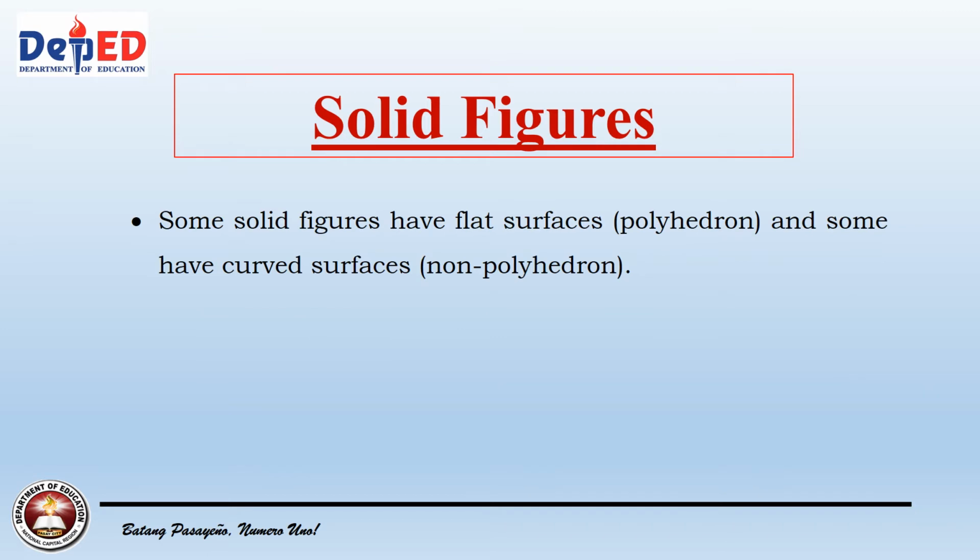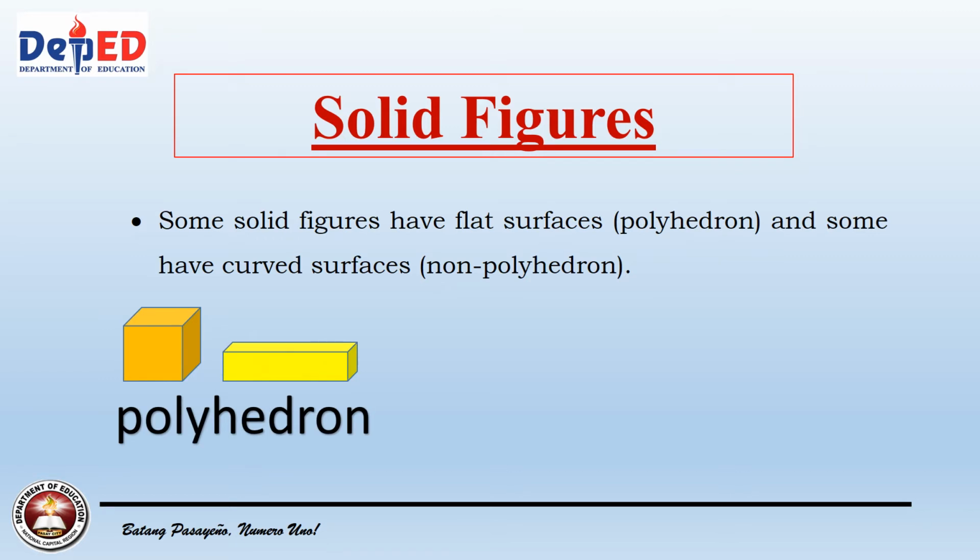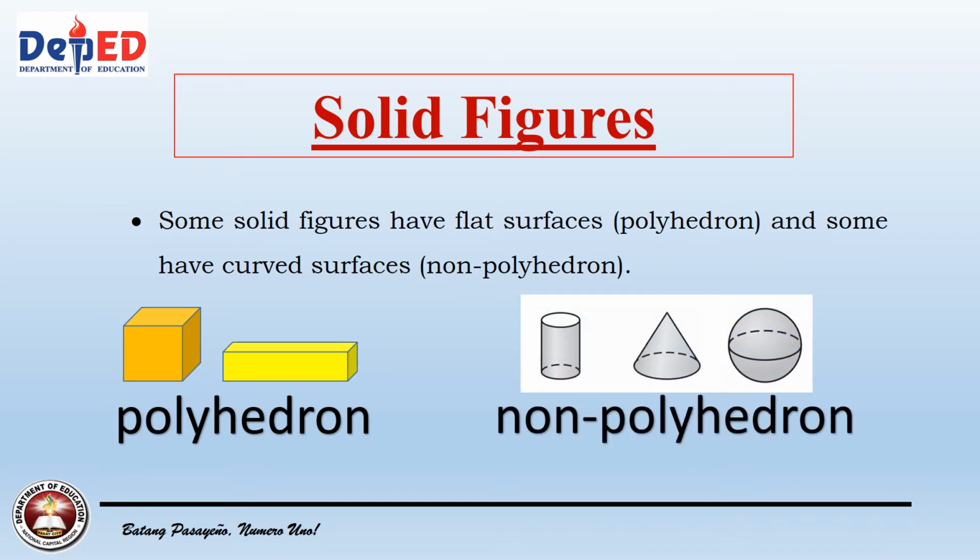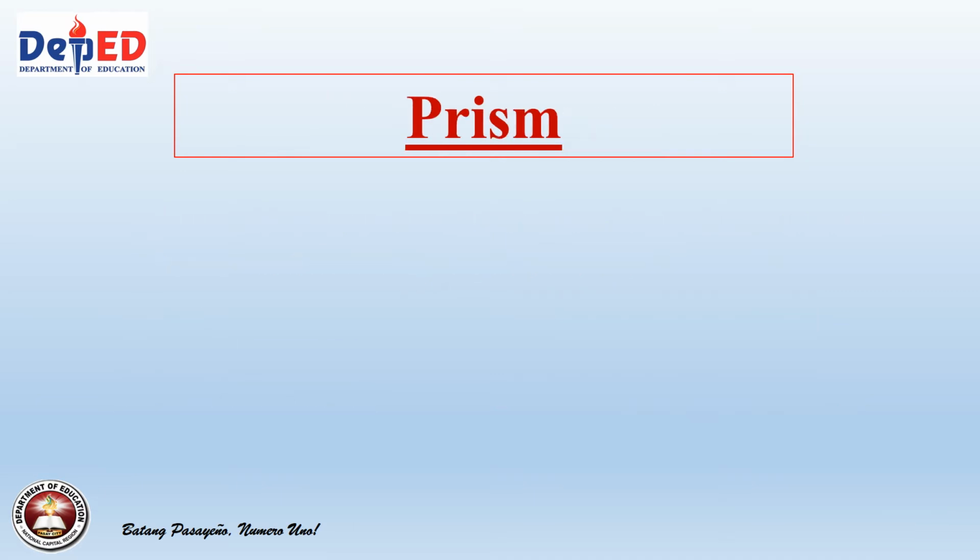Some solid figures have flat surfaces, or polyhedron, and some have curved surfaces, or non-polyhedron. Cube and rectangular prism are examples of polyhedron, while cylinder, cone, and sphere are examples of non-polyhedron.